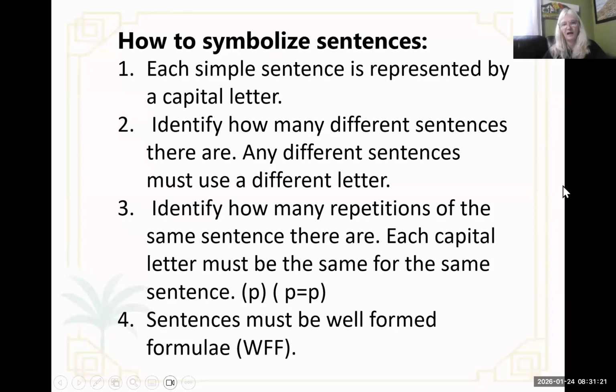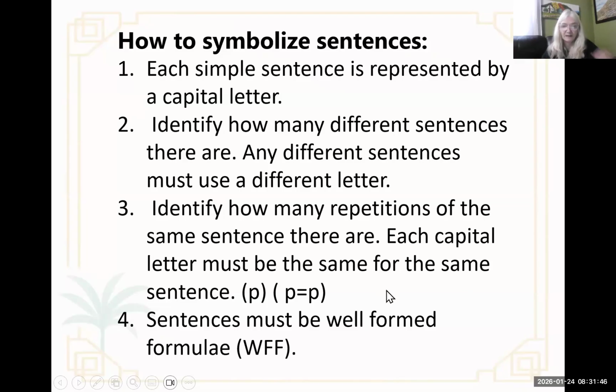So how to symbolize sentences? Well, each simple sentence is represented by a capital letter. You identify first how many different sentences there are in that full sentence. Any different sentence must use a different letter. Then you identify how many repetitions of the same sentence there are. Each capital letter must be the same for the same sentence.